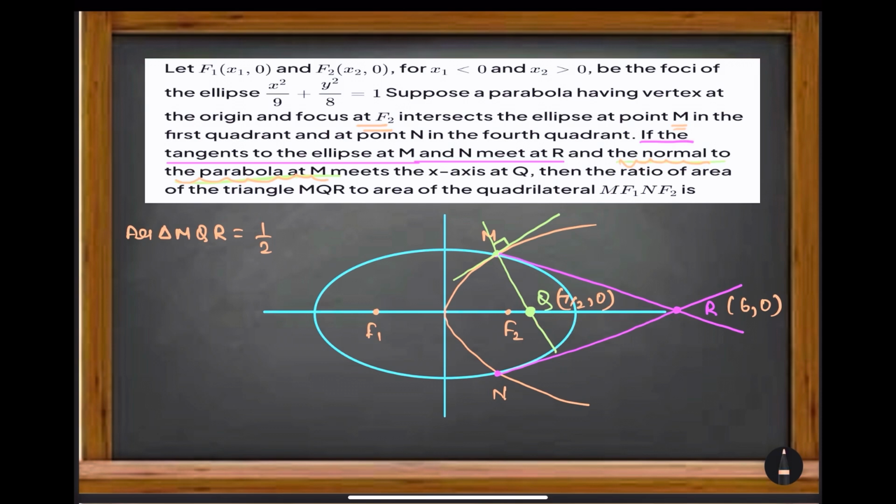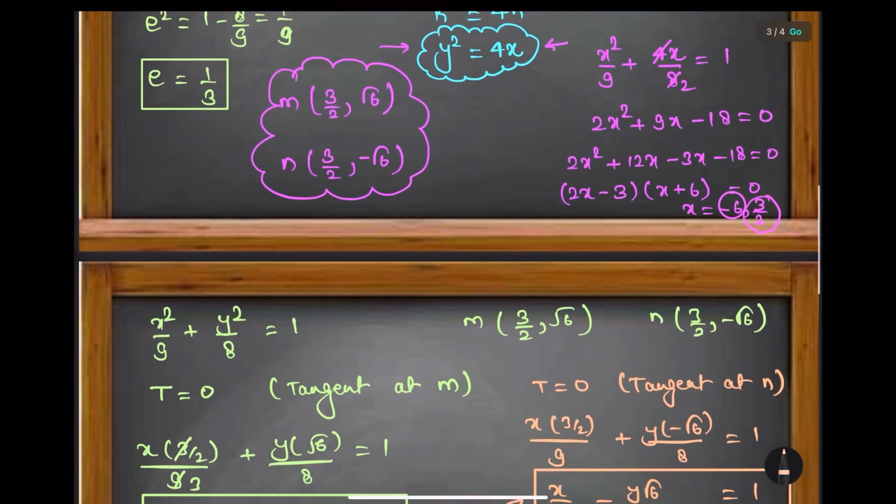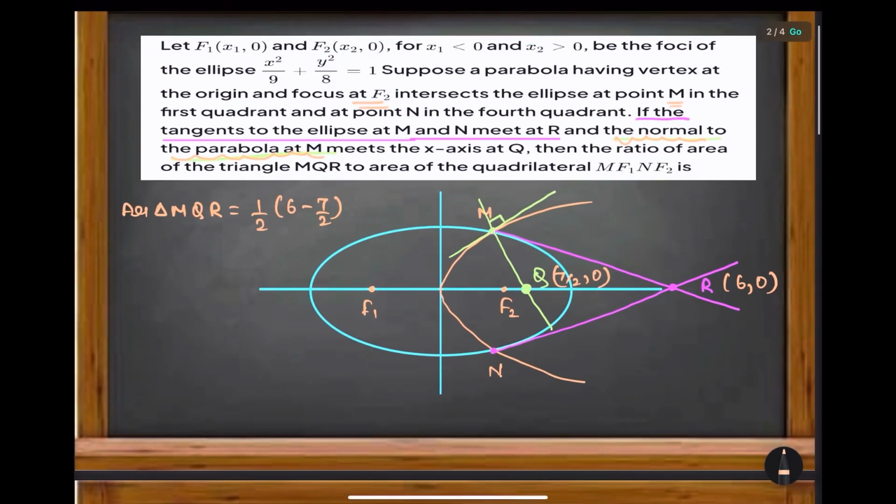So the base length will be final minus initial, so 6 minus 7 by 2. And the height will be the y coordinate of M, which is root 6.